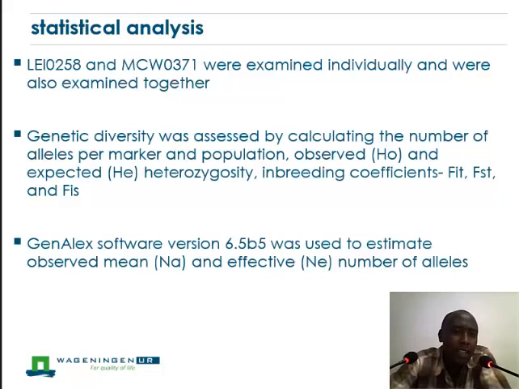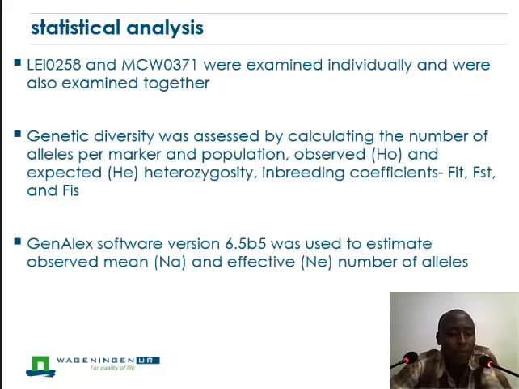For statistical analysis, both markers, LEI0258 and MCW0371, were examined individually and also together. The genetic diversity was assessed by calculating the number of alleles per marker and per population, as well as observed and expected heterozygosity, plus overall population inbreeding and within population inbreeding coefficients.